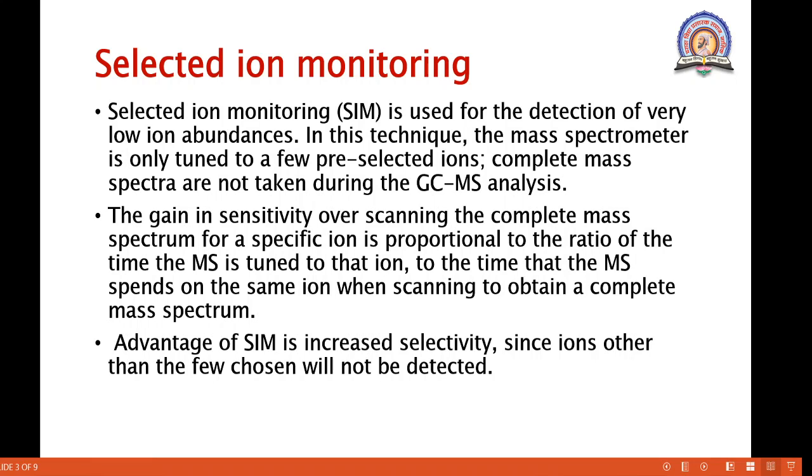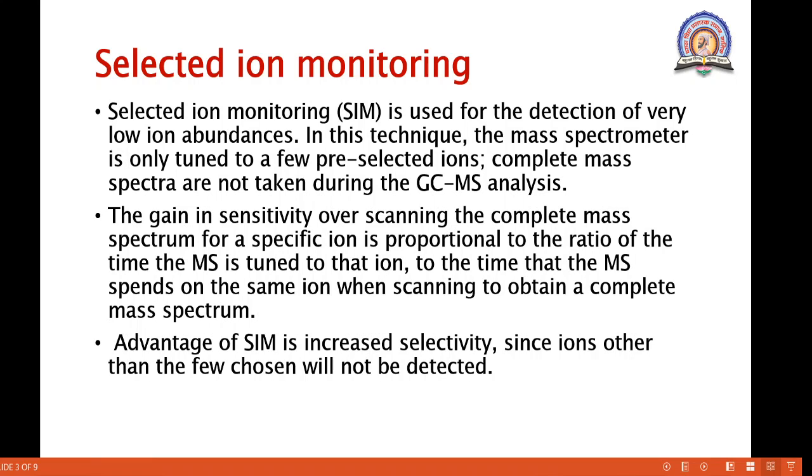We are not going to take the overall spectra, but only those ions which we require, and that we are going to analyze. That's why this is nothing but selected ion monitoring.